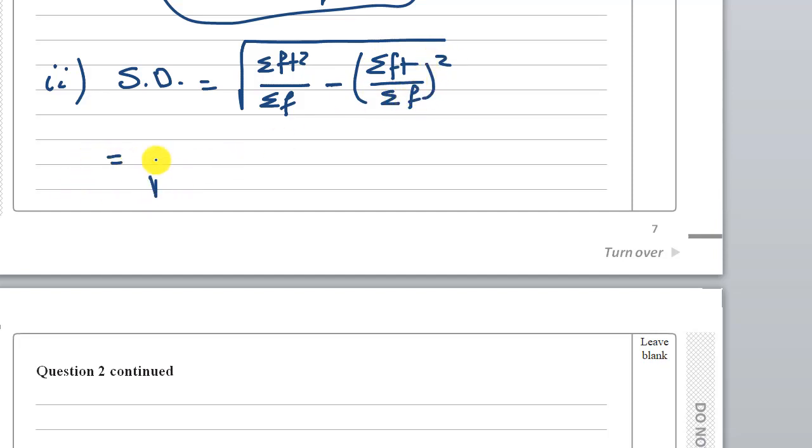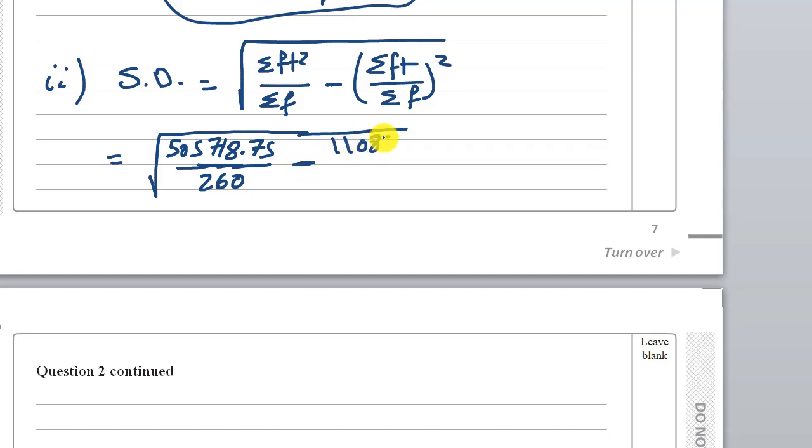So it's equal to the square root of 505,718.75 divided by 260 minus 11087.5 divided by 260 squared.